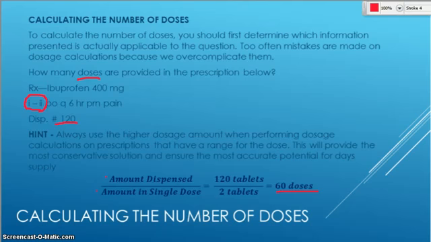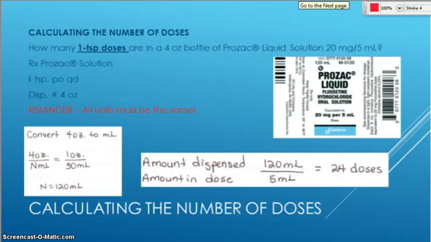Okay, our next example is also dealing with the number of doses. Again, we want to read carefully. This question asks how many 1 teaspoon doses are in a 4-ounce bottle of Prozac liquid solution, 20 milligrams per 5 mils.